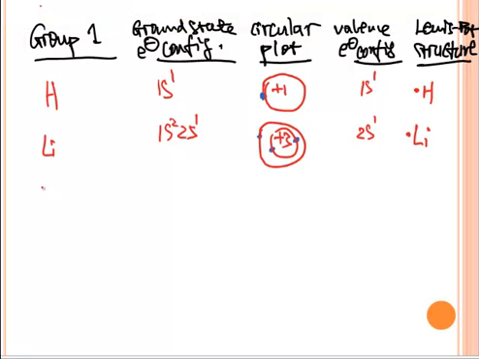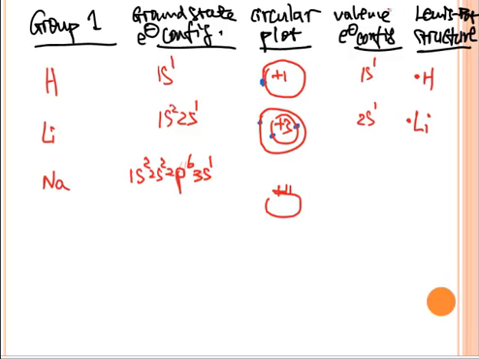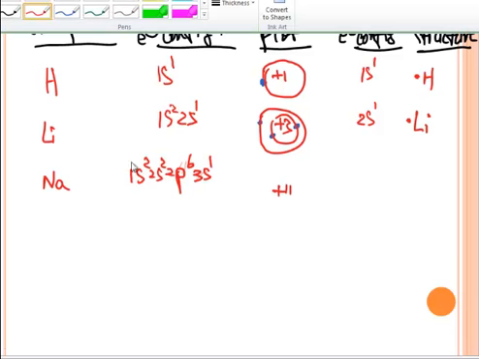Continue. The next one in the group will be one row lower, on period 3, and now you have sodium. Sodium has 11 electrons: 1s2 2s2 2p6 3s1. So you have a plus 11 in the middle. That's not a very good drawing.